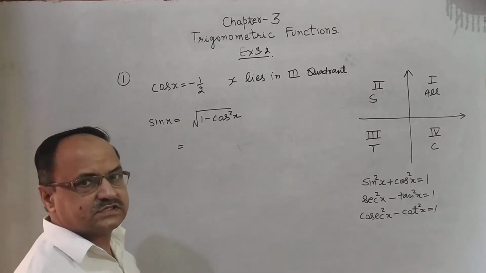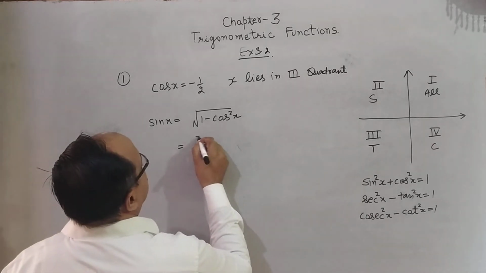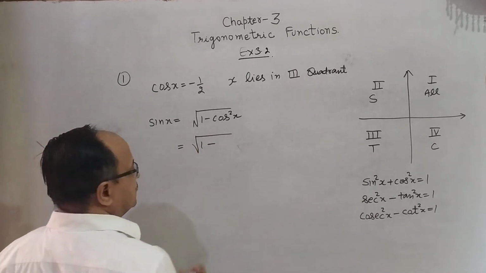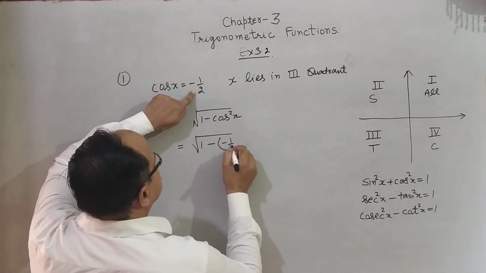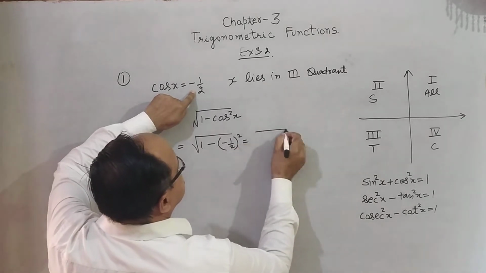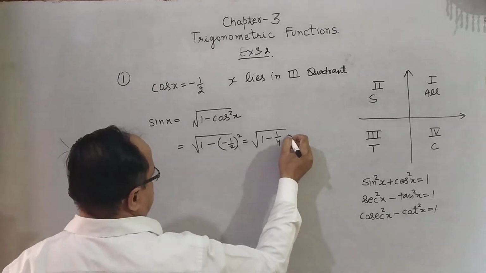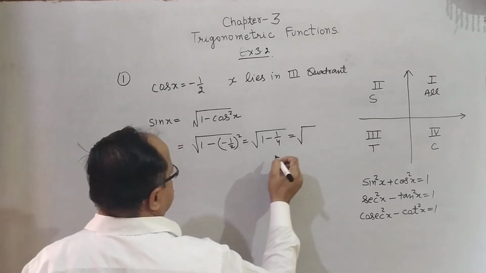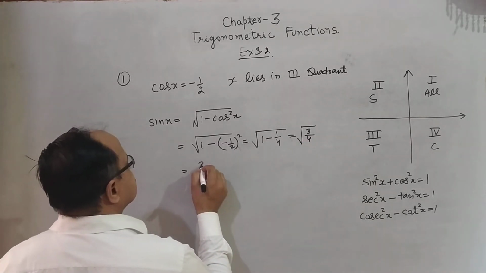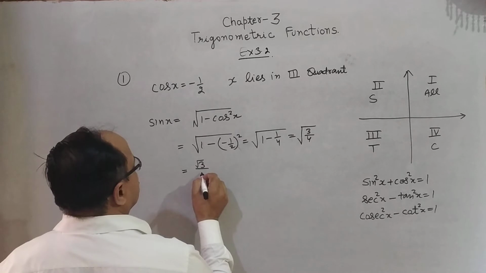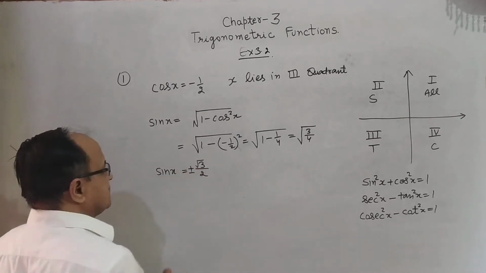Put the value of cos x, minus 1 by 2 whole square: 1 minus 1 by 4, that is 3 by 4. It means sin x is plus minus root 3 by 2.